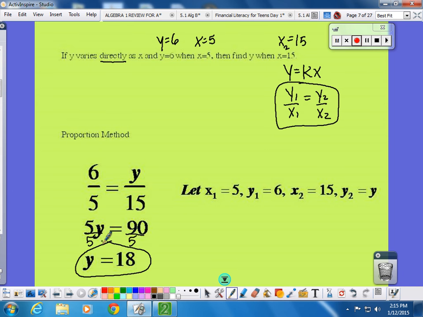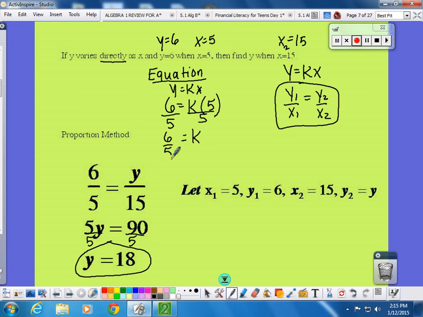Pretty simple. What if we were going to use the equation method? Let's first find the constant of variation. The first y is 6 and the first x is 5. It's going to be a fraction, but we can do it. Divide both sides by 5. k is 6/5, or if you prefer 1 1/5 or 1.2, that's a terminating decimal, so it would be okay to use that.